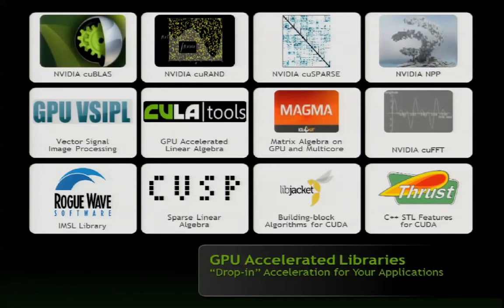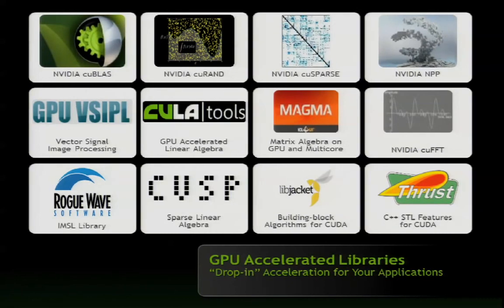This is just a few of those libraries that are currently available. Many of them are provided by NVIDIA itself, like cuBLAS, which comes with the toolkit, cuRAND for high-quality random number generators, sparse linear algebra, and FFT.